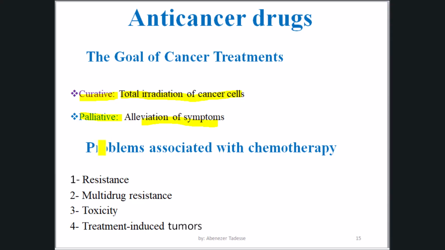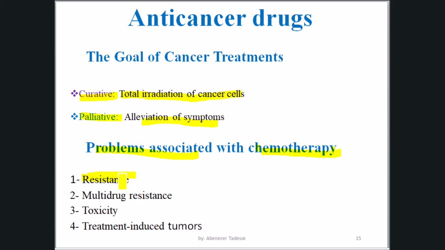There are major challenges or problems associated with the use of chemotherapeutic agents. The first one is resistance. Resistance is a major issue. It can be either acquired resistance or inherited resistance.